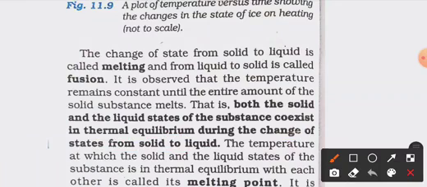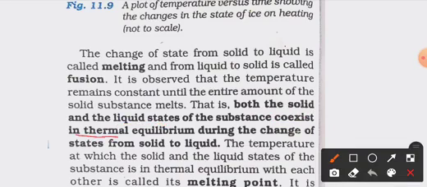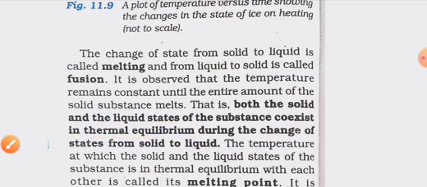That means they exist at the same time, and their temperature will be the same. Thermal equilibrium means the temperature will be the same during the change of state from solid to liquid.